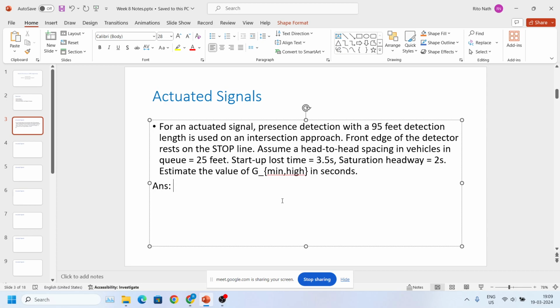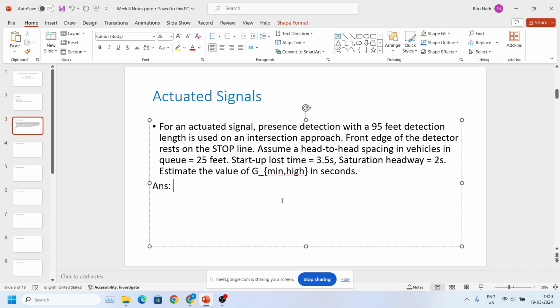So let me go step by step. The distance between the detector and stop line is known as D. Then there is the assumed head-to-head spacing between vehicles in queue, and then you have the saturation headway which is assumed.